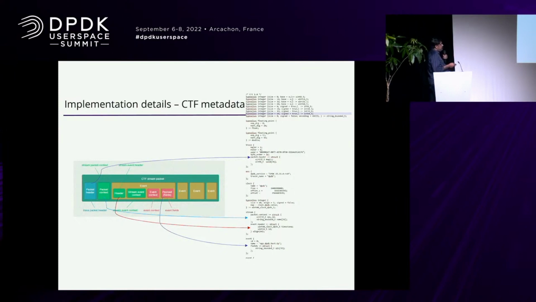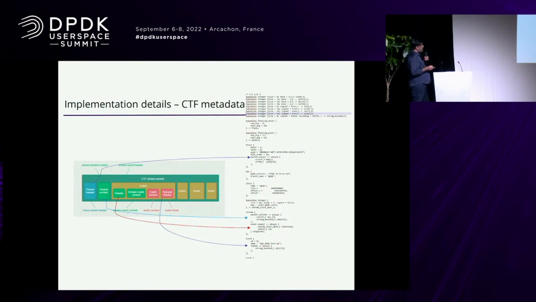So we will be populating this number by reading the clock in DPDK and figuring out this value based on the epoch, meaning 1970. All these things will be created at runtime. So this is the clock section.